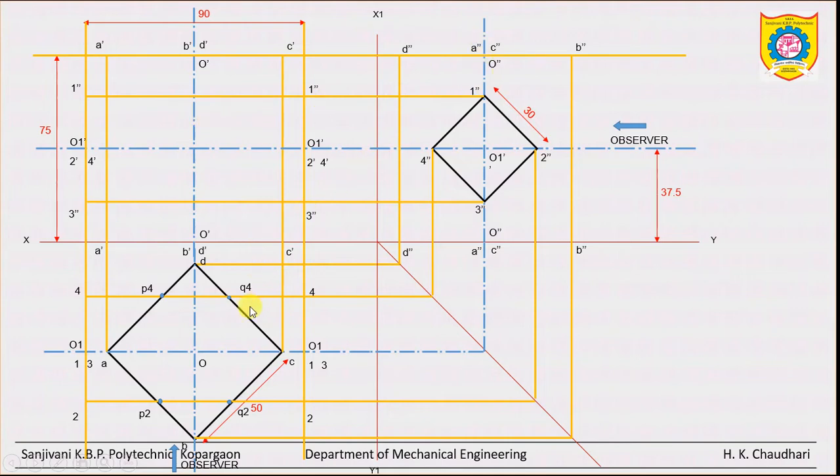So now just see, first complete the top view. The remaining portion, which is not taking part in the intersection, draw these edges thick. These are the edges which are not taking part in the intersection. Similarly from the right side, these 3 parts.